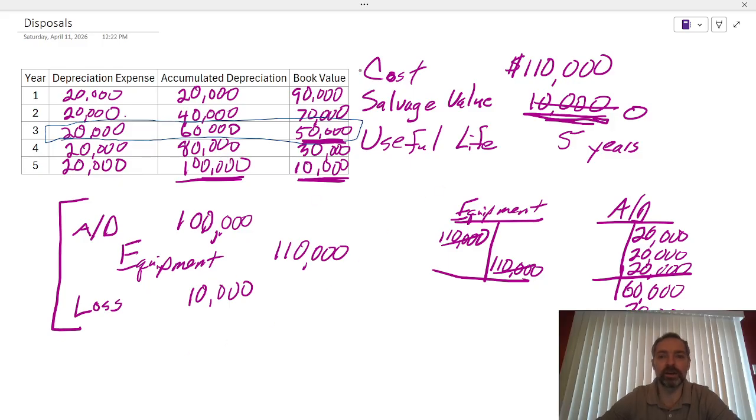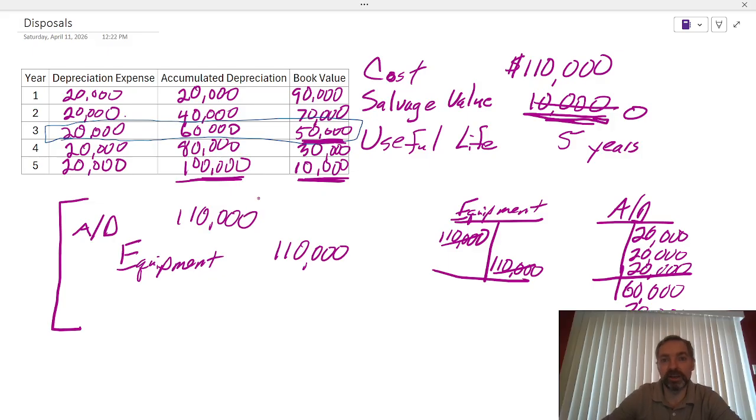So when we go ahead and throw that in the garbage, we would debit accumulated depreciation $110,000. That is the entire journal entry to get rid of an asset that is fully depreciated. We debit accumulated depreciation, credit equipment.